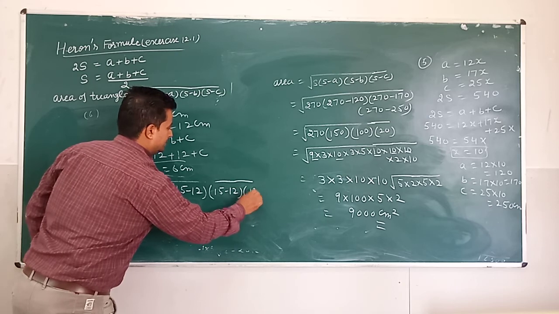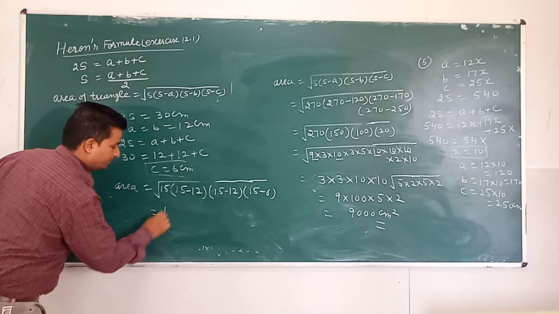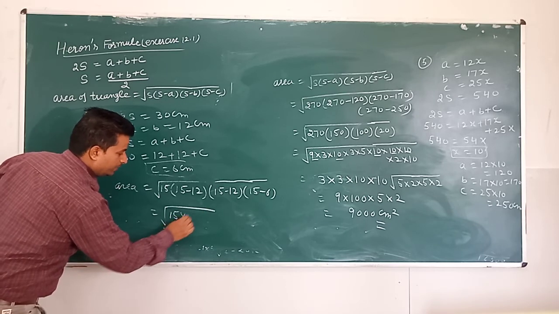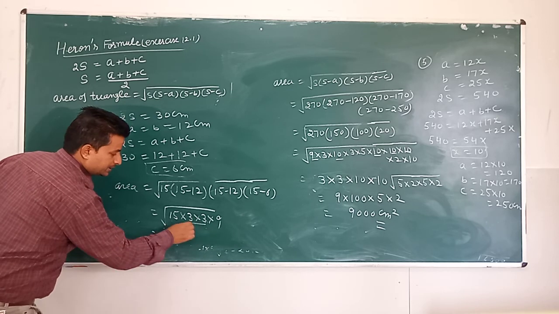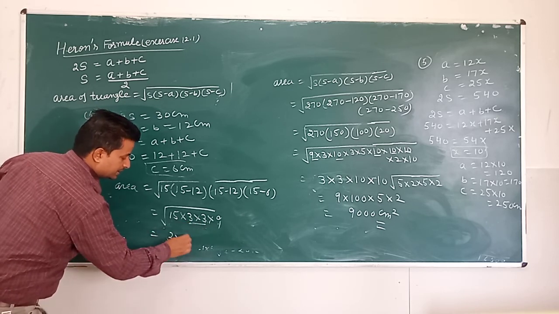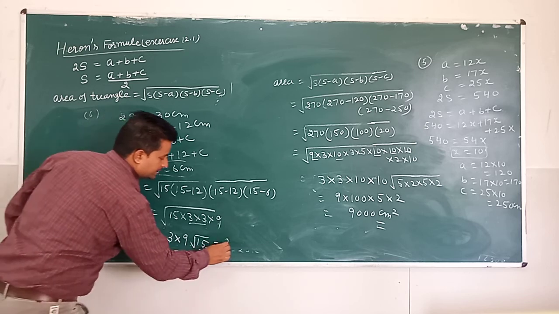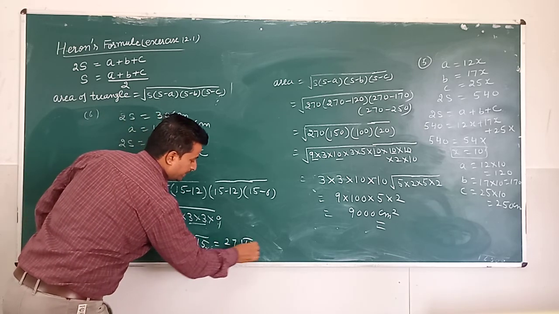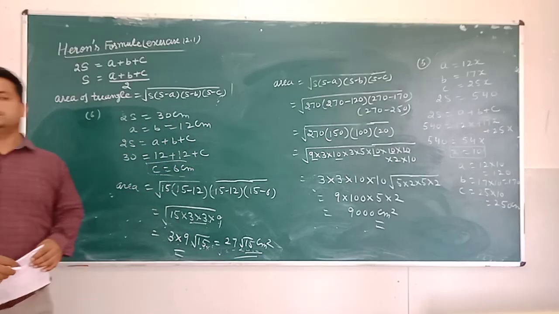S minus C, which is 6. So this is 15 into 3 into 3 into 9. This is 3, this is 9, this is root 15. So 27 into root 15 centimeter square is the area of this triangle.